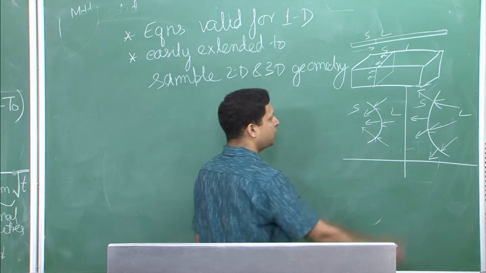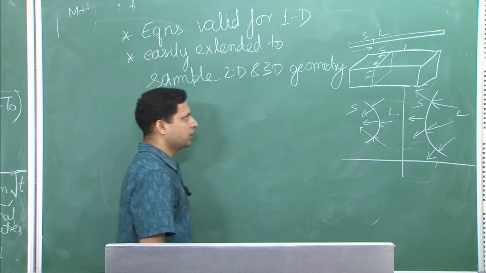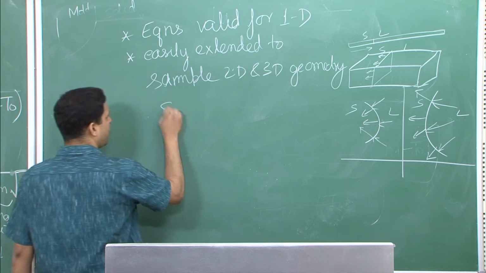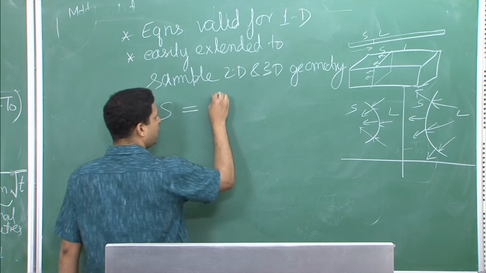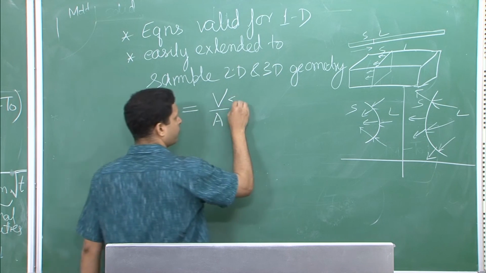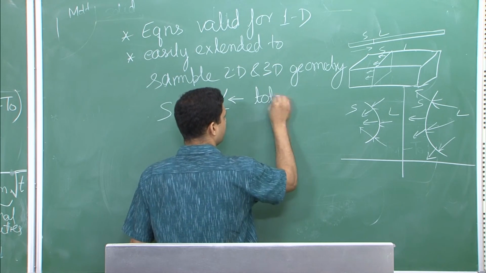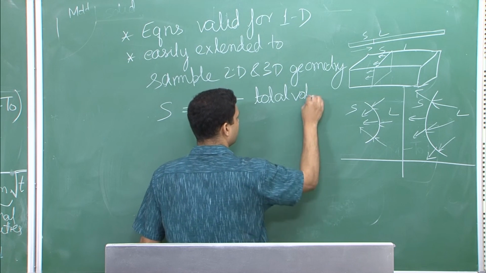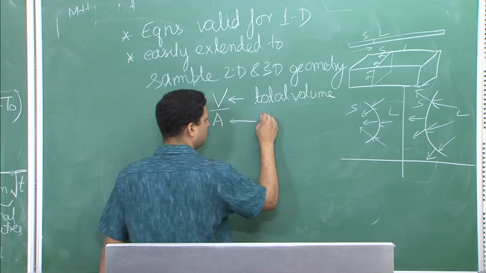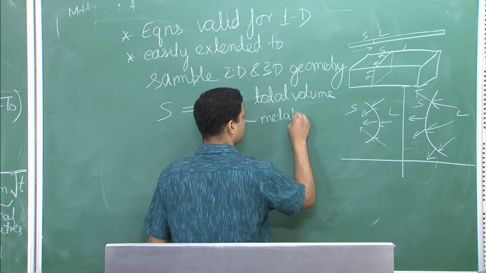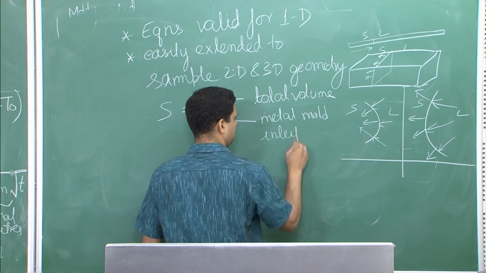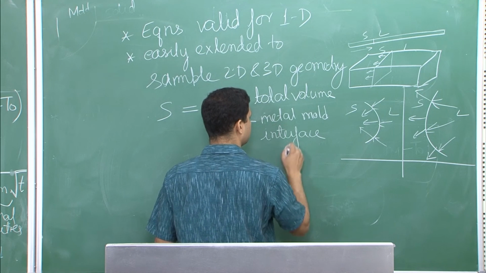But let's assume that we are talking about simple geometries like these, then we can replace this S by V over A. V is the total volume, and A is the metal mold interface area.